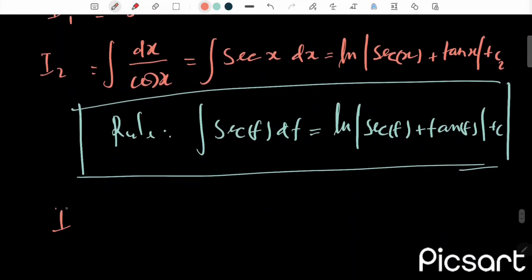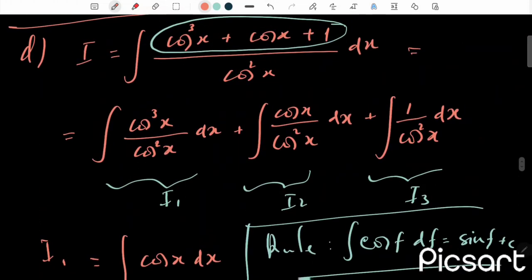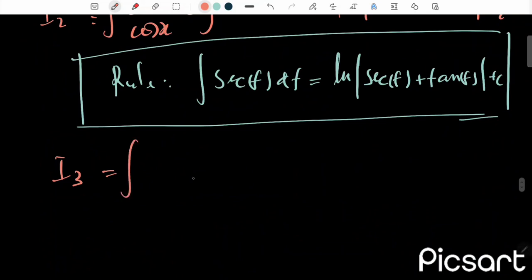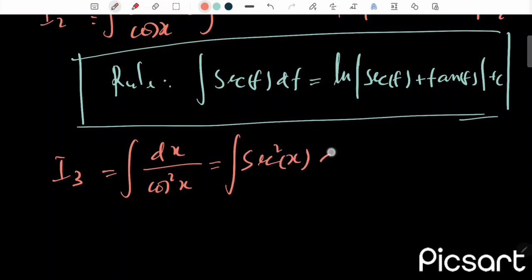And for I3 we have 1 over cos square, then it's d of x over cos square of x, which is sec square of x d of x.